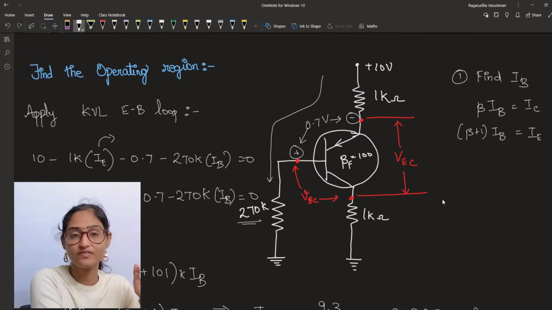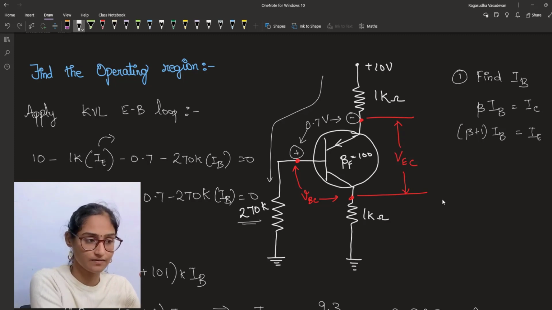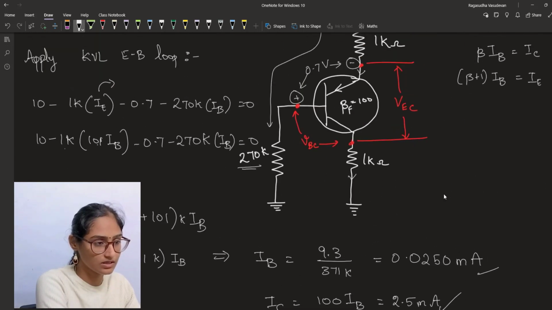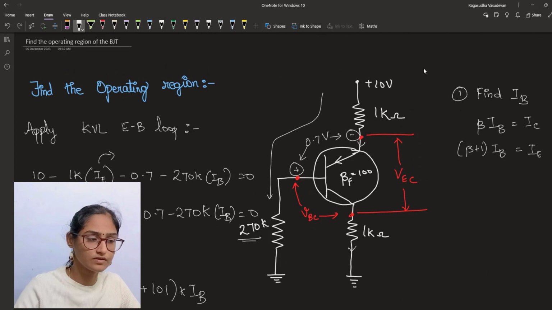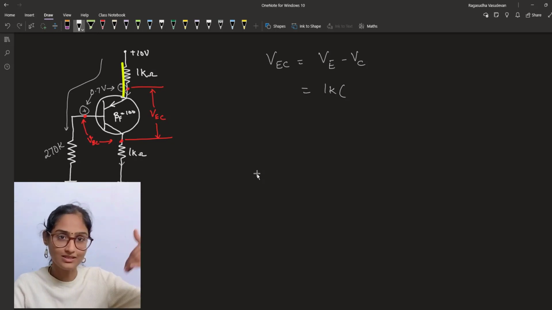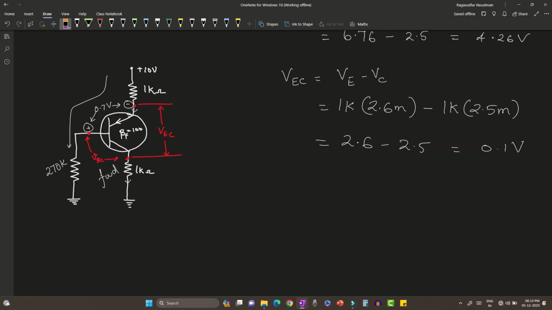Now let's find out VEC, the voltage between the emitter and the collector. The current direction is considered like this. Here it is going in and here it's going outside. For our convenience, I'll just draw this diagram here. The value of VE will be 1K into the current through the emitter, which is entering into the junction as 2.6 milliampere, minus 1K into the collector current, 2.5 milliampere.